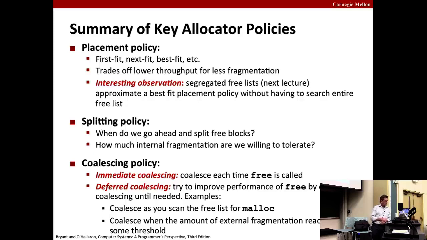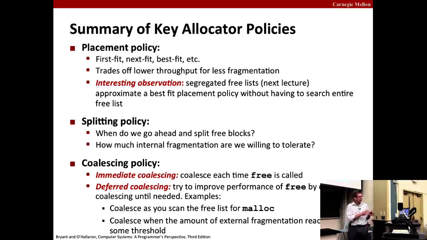You can do coalescing every time free is called, like we just looked at, or you could defer coalescing to some later time, maybe when you're scanning the free list trying to place an allocated block in response to a malloc call.